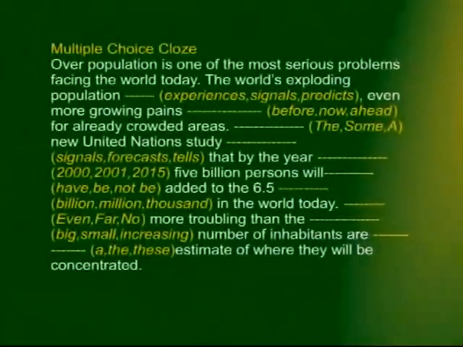There are gaps and each gap has 1, 2, 3 words, and it's up to you to choose the correct one. Quickly read through the passage, and it's something to do with overpopulation. And we all know how we in Pakistan are facing this serious problem.